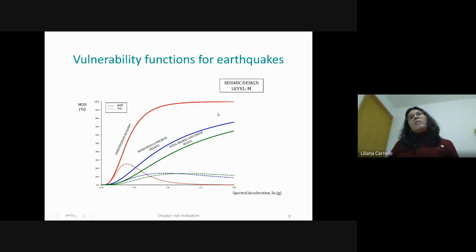These are examples of vulnerability functions for earthquakes in the case of buildings with different structural typology with a seismic design level moderate. You have here unreinforced masonry, reinforced concrete frames, steel frames and shear walls. And here you have the mean values of each vulnerability function and the standard deviation, the variance.